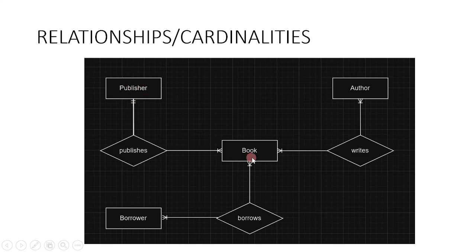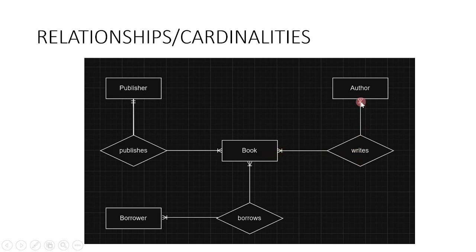Then the author. Author writes books. One or many authors write one or many books, because it is true that a book could be written by many authors. But it's also possible that there is only one author who writes a single book.